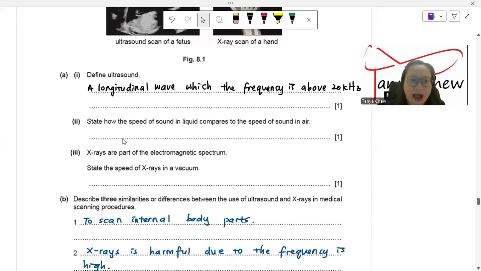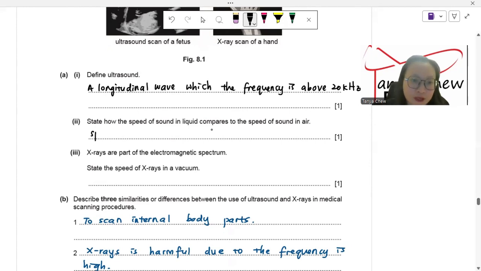Now, the second part, state how the speed of sound in liquid compares to the speed of sound in air. Speed of sound in liquid is higher, which is about 1,500 meter per second to 2,000 meter per second, whereas the speed of sound in air is about 330 meter per second to 340 meter per second.